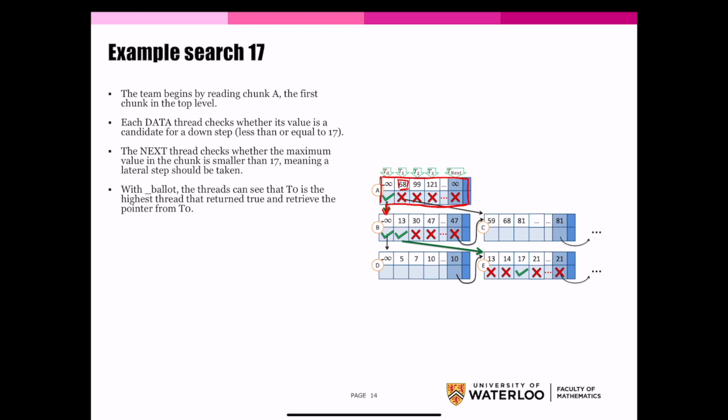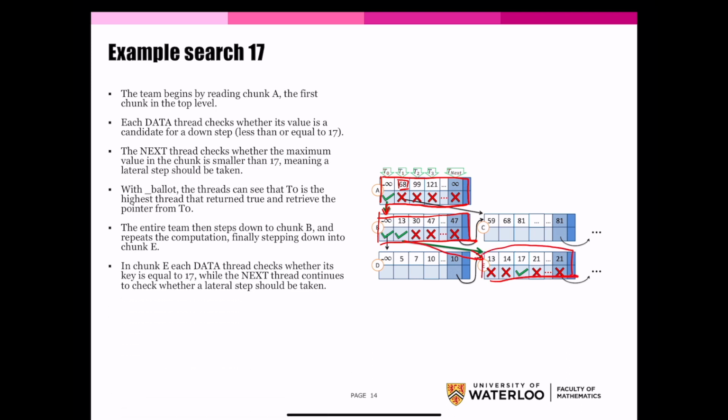With ballot, the thread can see that thread 0 is the highest thread that returns true and retrieve the pointer from thread 0. The entire team then steps down to chunk B and repeats the computation, finally stepping down into chunk E. In chunk E, each data thread checks whether its key is equal to 17.